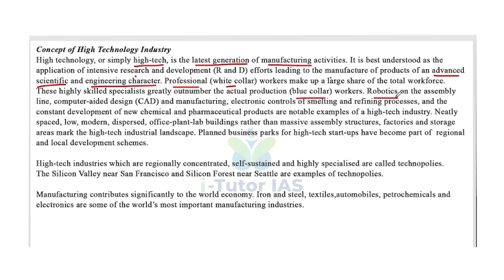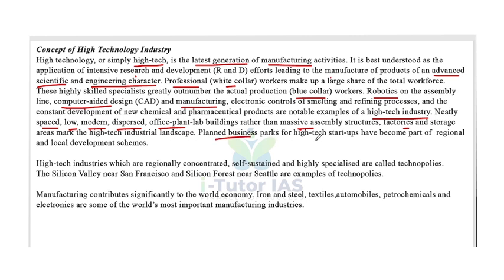Robotics on the assembly line, computer aided design and manufacturing, electronic controls of smelting and refining processes, and the constant development of new chemicals and pharmaceutical products are notable examples of high-tech industries. A neatly spaced, low, modern, dispersed office, plant and lab building, rather than massive assembly structures, factories and storage areas, marks the high-tech industrial landscape.